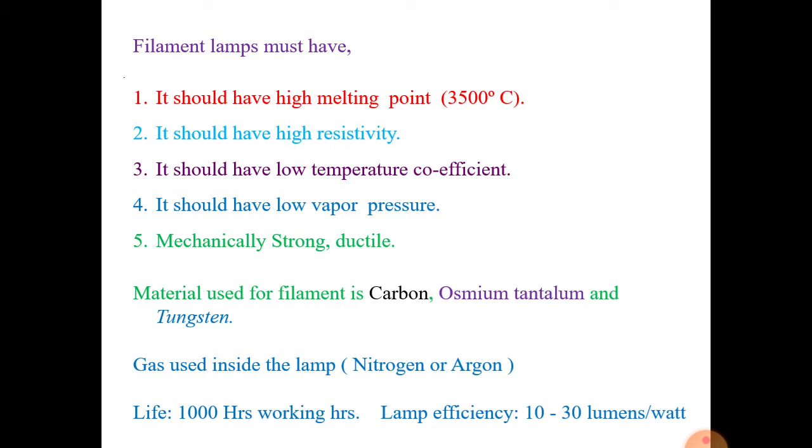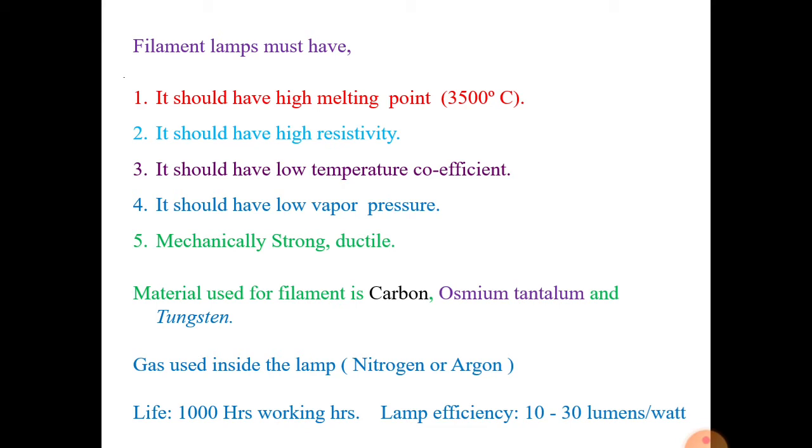Second, it should have high resistivity, so that it heats up immediately. Then it should have a low temperature coefficient. Then it should have low vapor pressure, means the pressure of the vapor should be low in the bulb or the lamp. Then it should be mechanically strong and ductile.